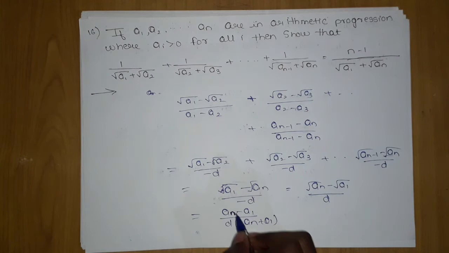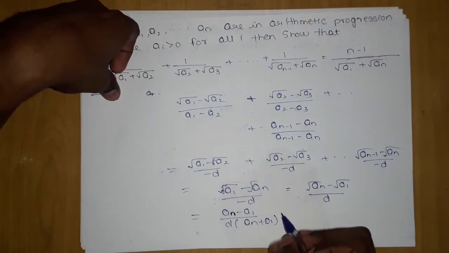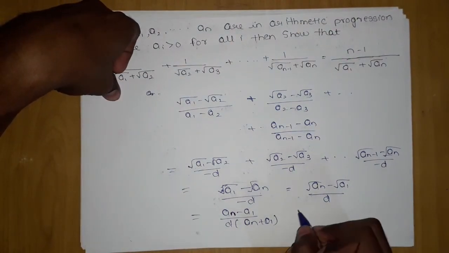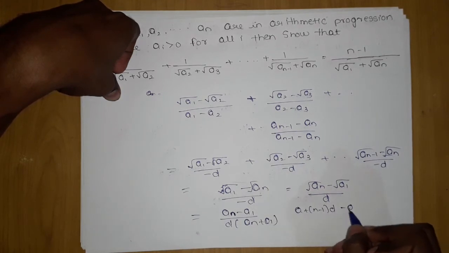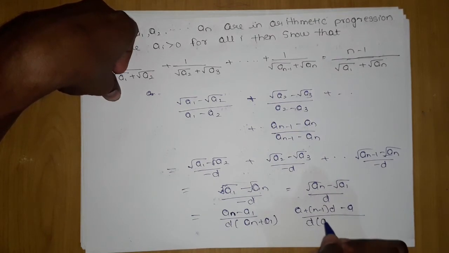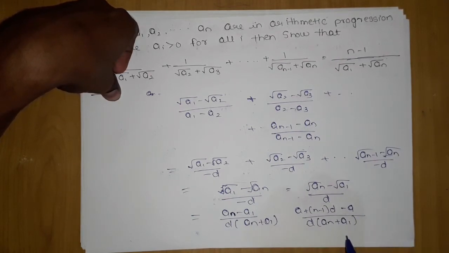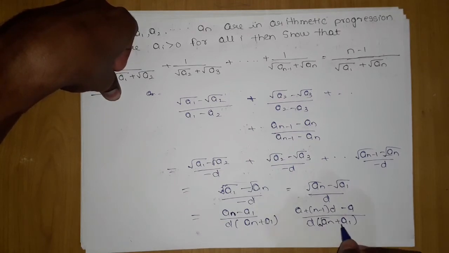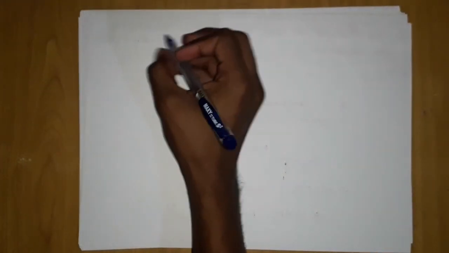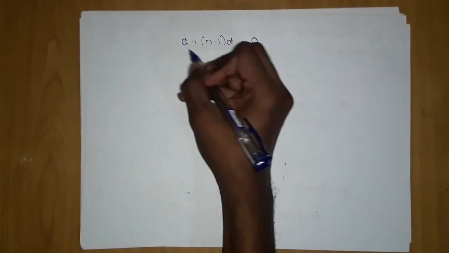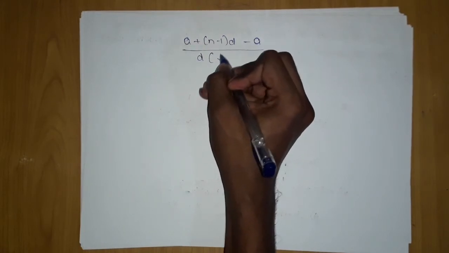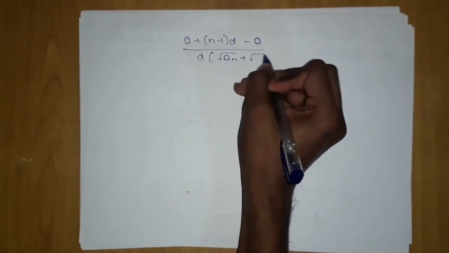Now an is a plus n minus 1 into d, while a1 is only a, upon d into under root an plus under root a1. Let me take the next page. So the final expression is a plus n minus 1 into d minus a, upon d into under root an plus under root a1.